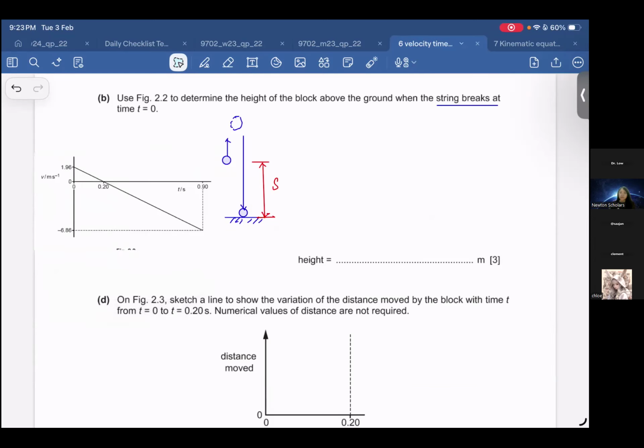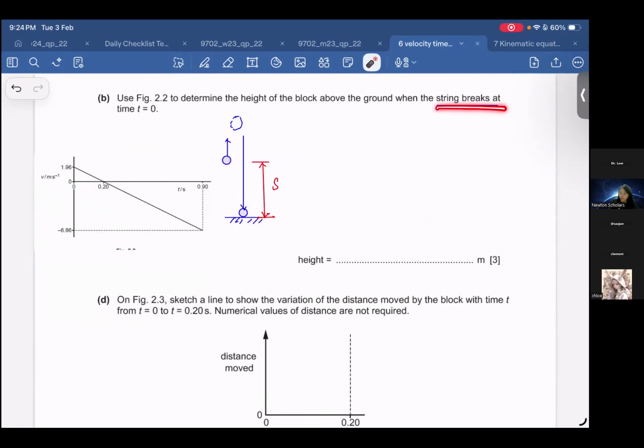Okay, here. How do you find this S? Chloe, correct. So there, starting, it will move upward. So this is the distance travelled. Then it will go downwards. So this is the distance travelled downwards. So they want to find starting until the end.